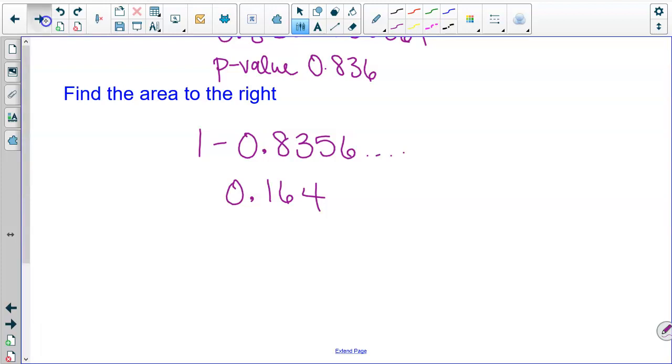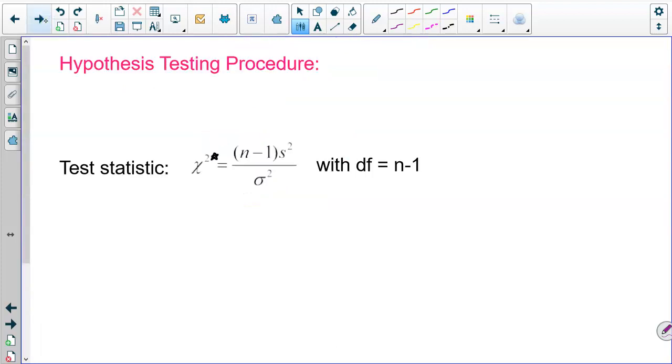Very good. All right, so this is the chi-square test statistic. It's chi-square star, and that's because if you print out the chart, you have chi-square critical values, to be able to compare chi-square star to them, just like we had Z and Z star, T and T star. So this is your test statistic. So it's n minus 1.